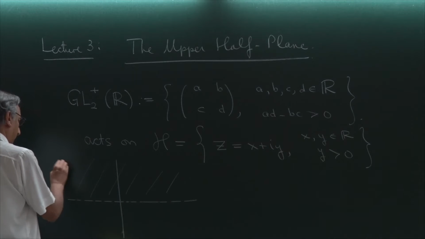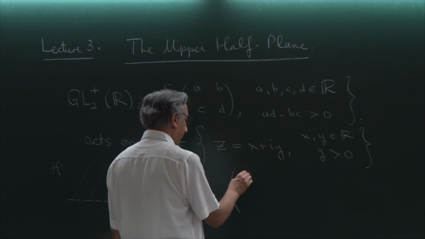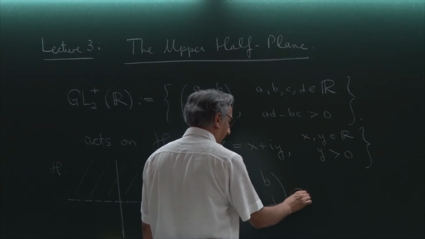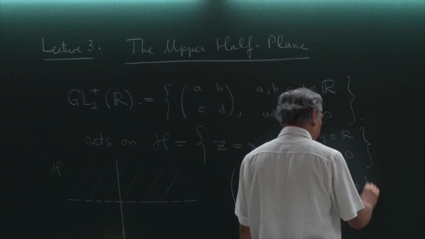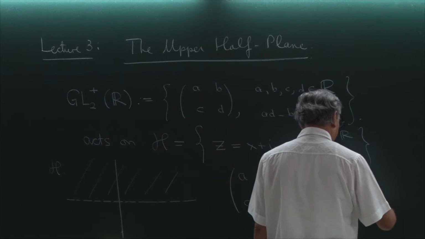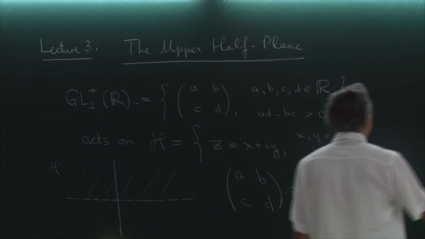So this is your upper half space. And the action of the matrices is given by the fractional linear transformations of this type, which we already kind of saw. And you just have to check that this is an action.